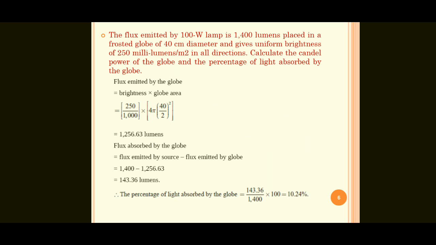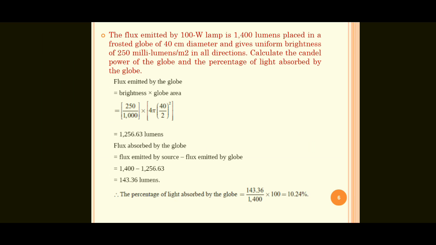So 4 pi, and the diameter here is 40 centimeters, so convert into radius, 40 by 2, whole square. So now the value becomes 1256.63 lumens.